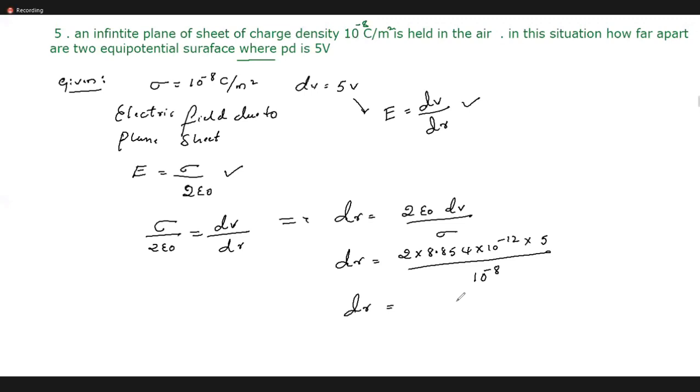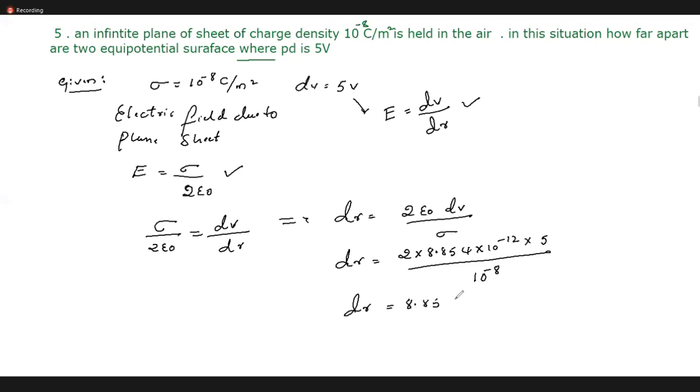What is there to calculate? 2 into 5 is 10. All are powers only. So the answer is 8.85 with the powers.